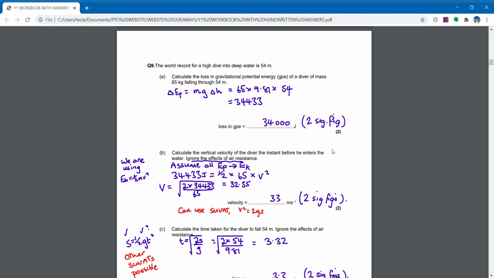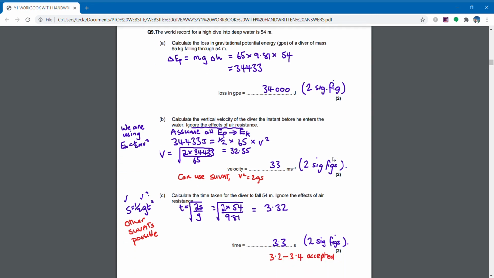Part B, calculate the vertical velocity of the diver the instant before he enters the water. Ignore the effects of air resistance. So if we're ignoring air resistance, then we assume all of the gravitational potential energy is converted to kinetic energy.